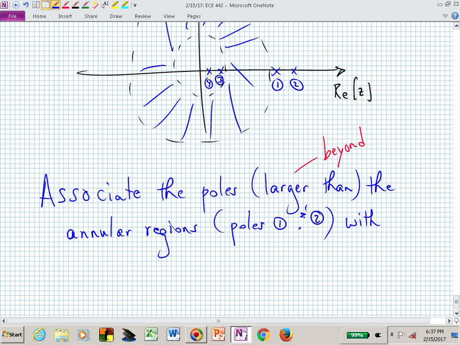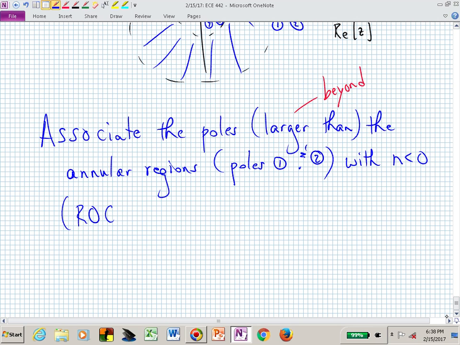Now if we looked at that, we would say, oh, my left hand is in the region of convergence. This is a left-sided sequence, within n less than 0. Or we might say that the region of convergence is interior to poles 1 and 2.